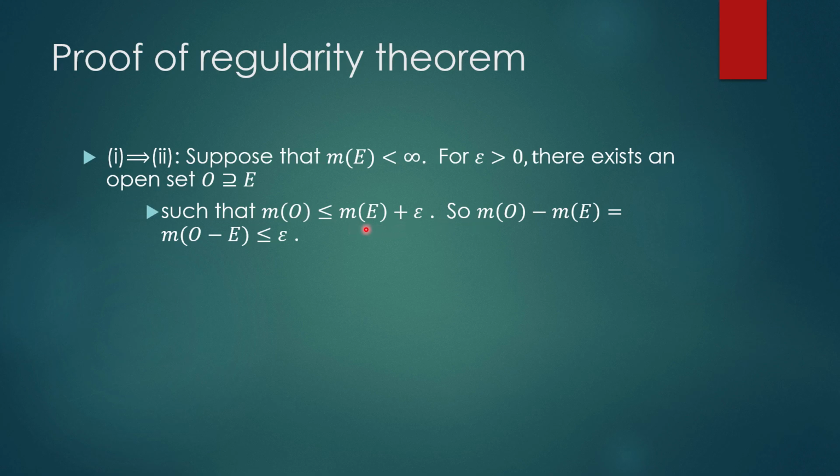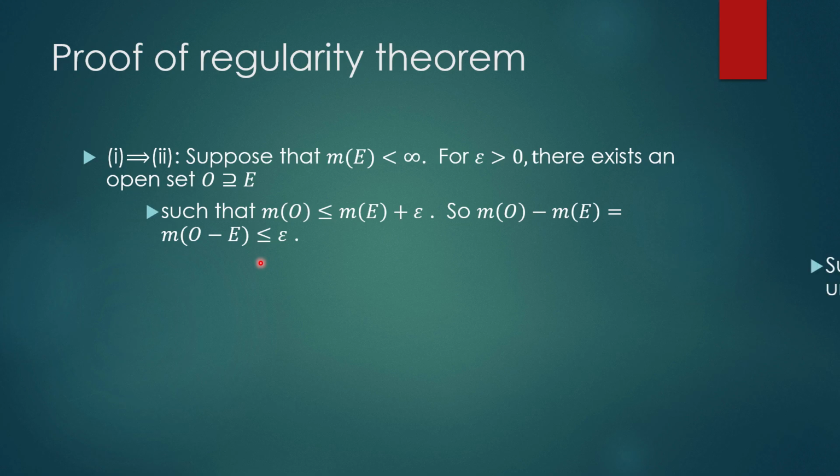So from here you can write measure of O minus measure of E, which is exactly equal to measure of O difference E, is less than or equal to epsilon. Since an open set is measurable, you can drop the star here, and E is given to be measurable, so you can drop the star there as well. This is equal to the measure of O difference E because O is a superset of E, and that is less than or equal to epsilon.